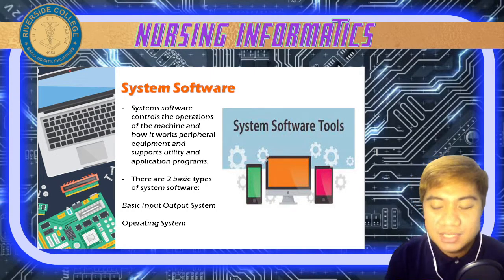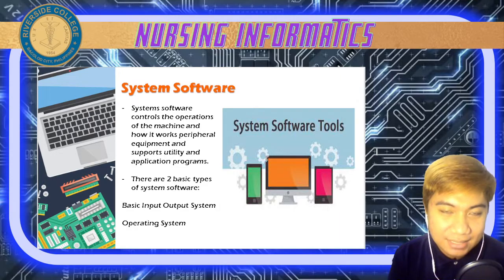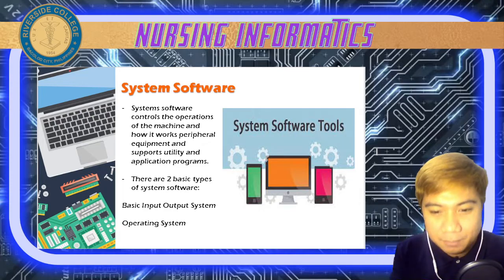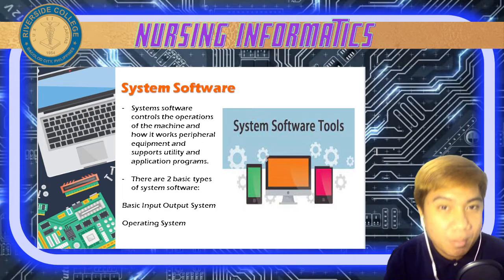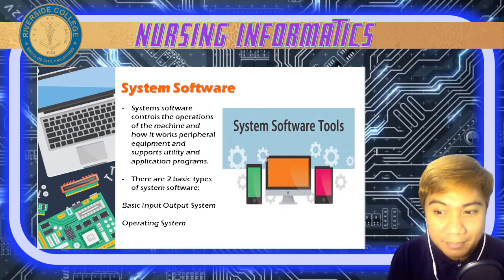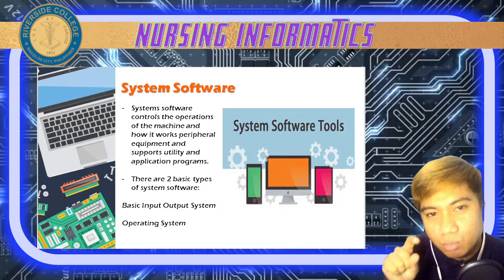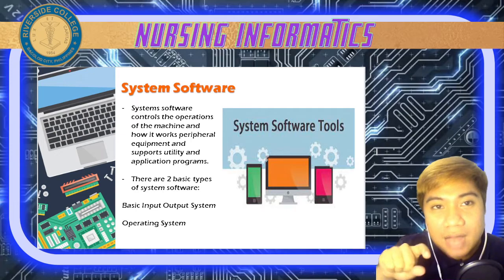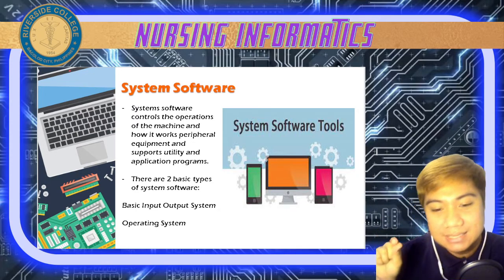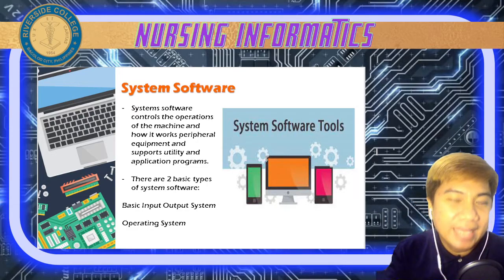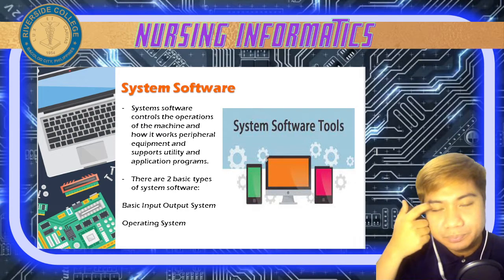It first searches for an OS and then loads it into the random access memory or RAM. So from the ROM chip on the motherboard, it searches for the operating system, and then it loads it into RAM, or random access memory.